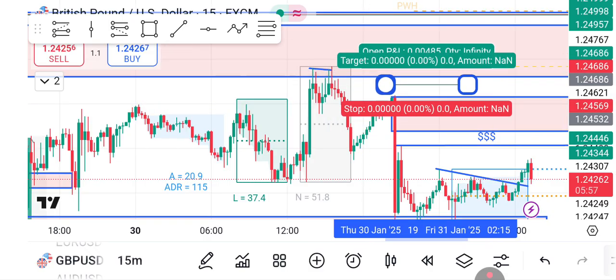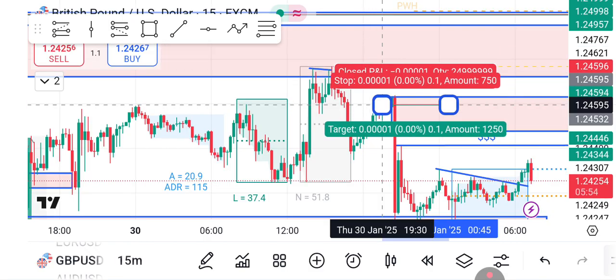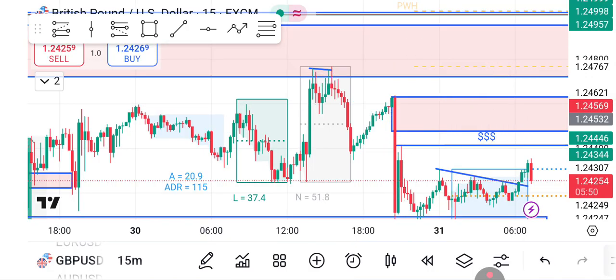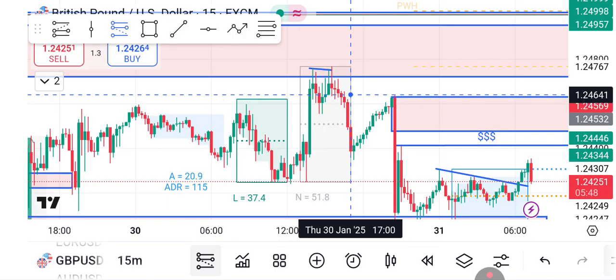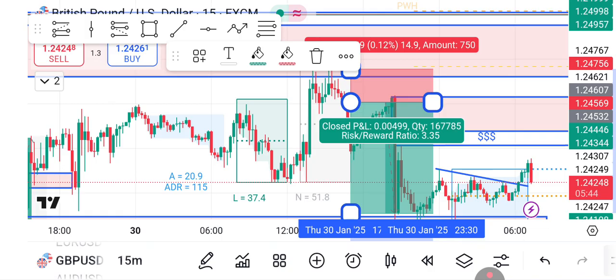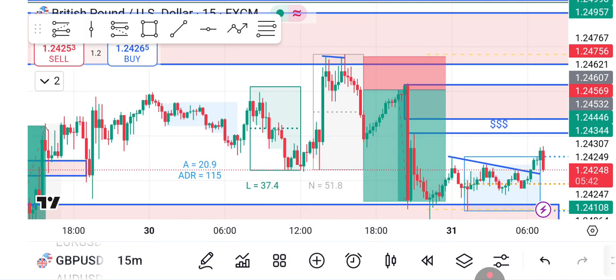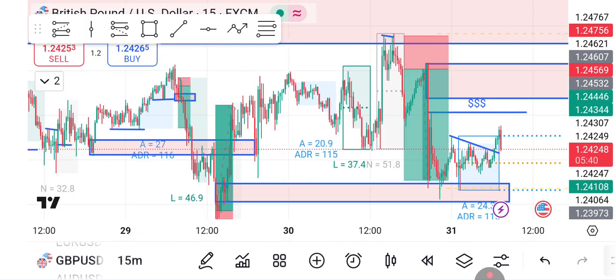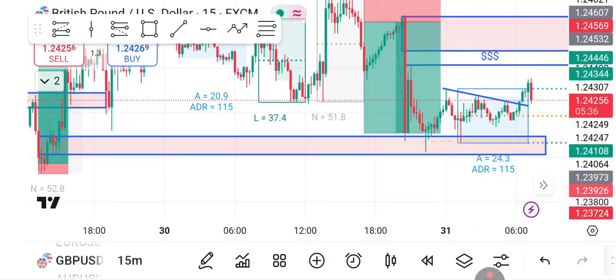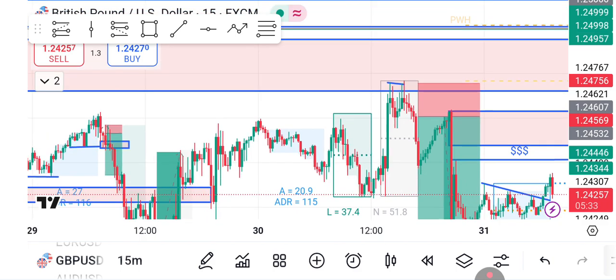I could have taken it, but it was not valid enough for me. I saw this trade yesterday because this one was even more valid for me, but it's still not enough for me to take this trade, right?